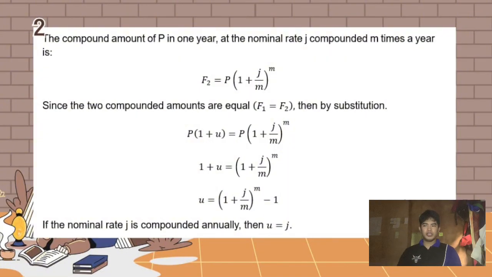If the nominal rate J is compounded annually, then U equals J.